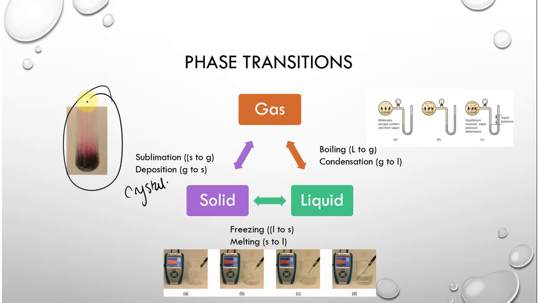Usually this is going to be at specific pressure ranges, and we'll talk about phase diagrams in just a minute so you can see that. Solid versus a liquid: you can have freezing and melting happening at the same temperature.